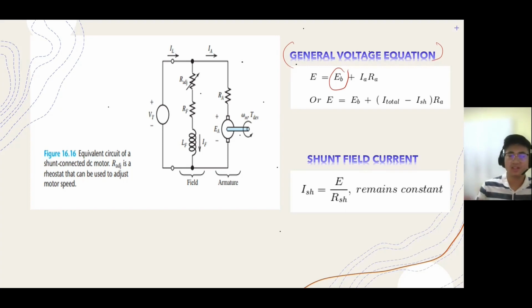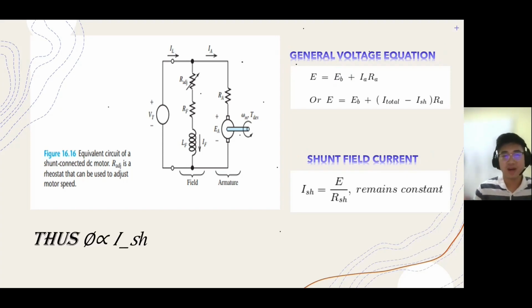When the motor is in its running condition, the supply voltage is constant and the shunt field current is given by ISH equals V over RSH. Since V and RSH both remain constant, shunt current also remains essentially constant, and the field current is responsible for the generation of flux.